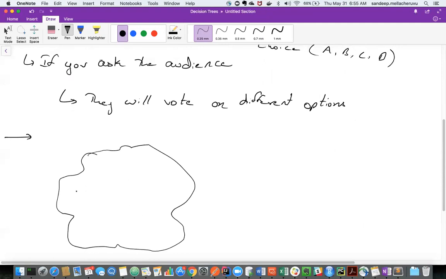This is your question sample space, whatever you want to answer. The entire set of questions is represented by this area.